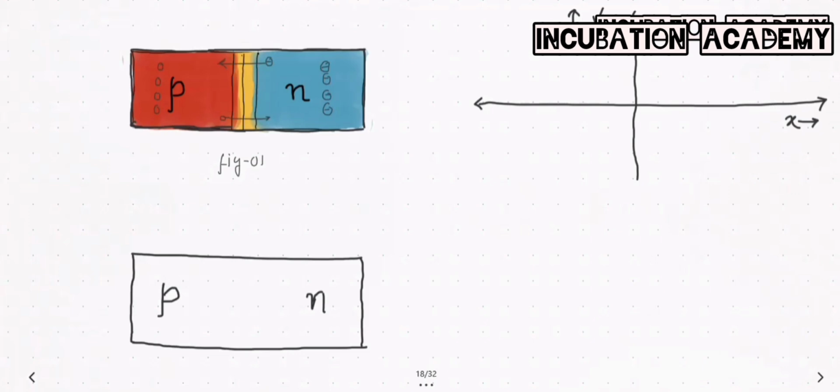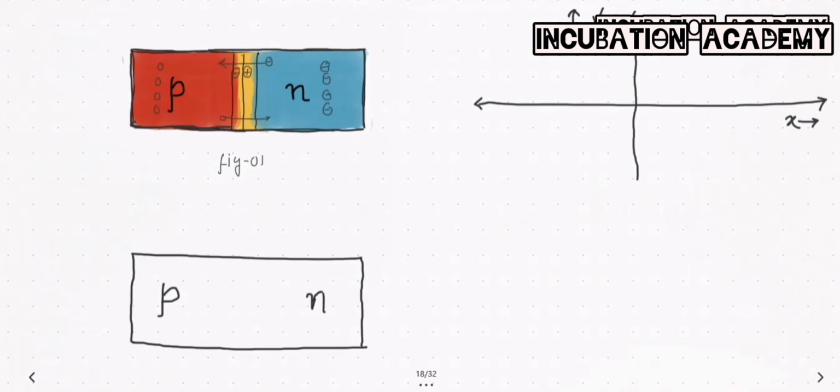So what will happen when the negative electron moves from the N side to P side? A positively charged ion is formed on the N side. Similarly, when the hole moves from the P side to N side, a negatively charged ion is formed there.